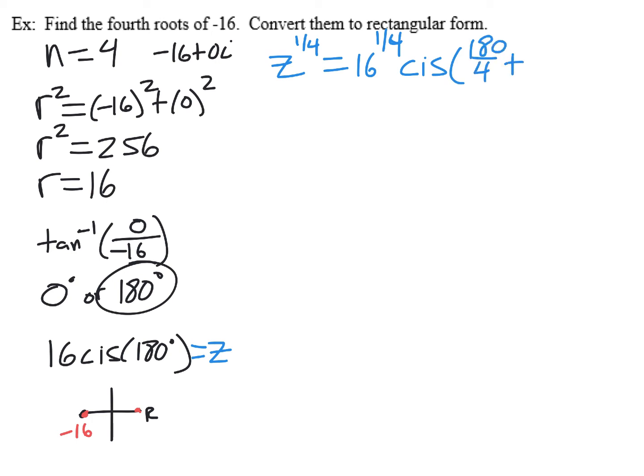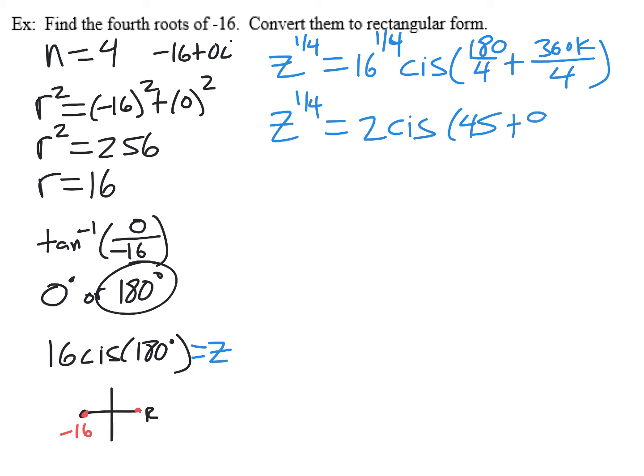The angle is (180/4) plus 360k, right? That's just saying added a certain number of times. We know because n is 4, we need 4 answers. 2 CIS, right? And here's what's going on with the angles: we need to start at 45, and we need to add 90.